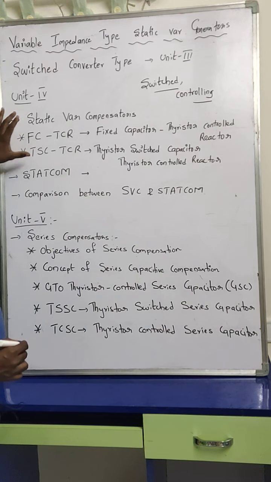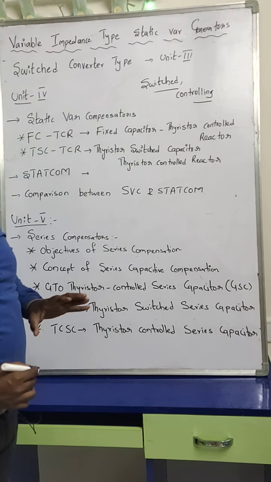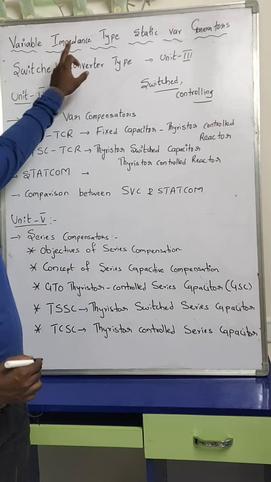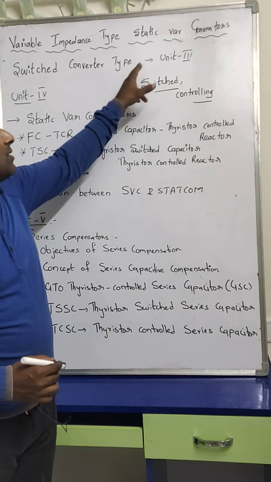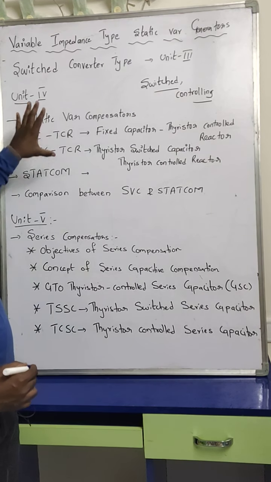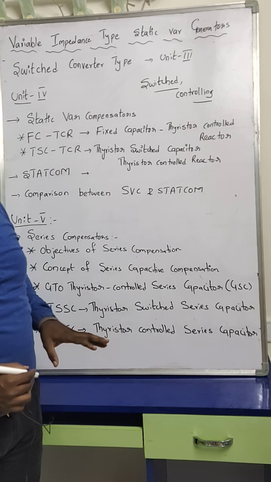Next, coming to unit 4. These are the topics in unit 4. Static VAR compensators. Here, variable impedance type static VAR compensators. In the fourth unit, we are going to observe only static VAR compensators, simply.